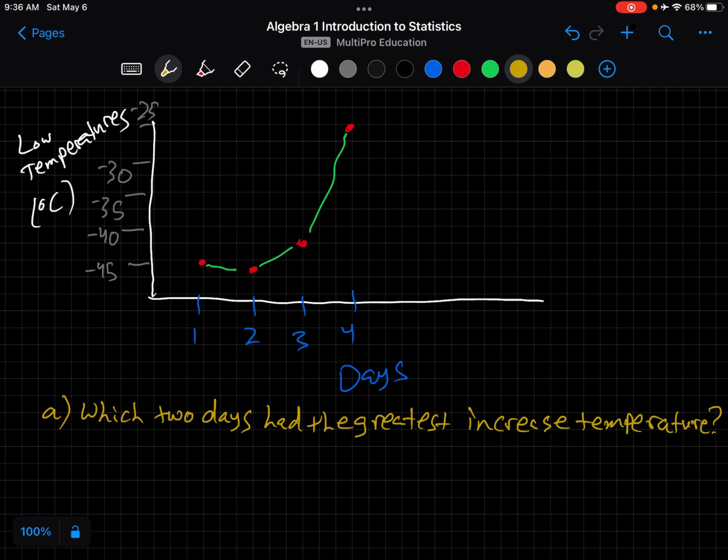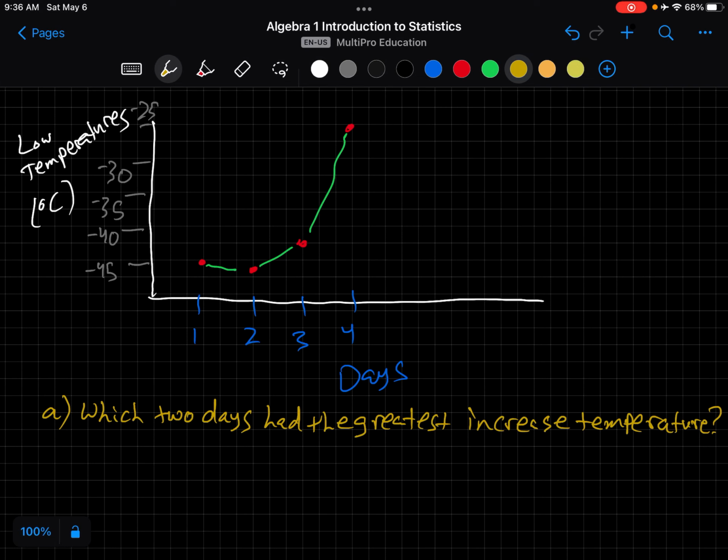Okay, so we're dealing with negative numbers here. So which one is bigger, negative 25 or negative 45? If you said negative 25, you're right, that is warmer. So we're dealing with some very, very cold temperatures here. And in some countries, we do see these cold temperatures. The farther you get from the equator, it increases your odds.